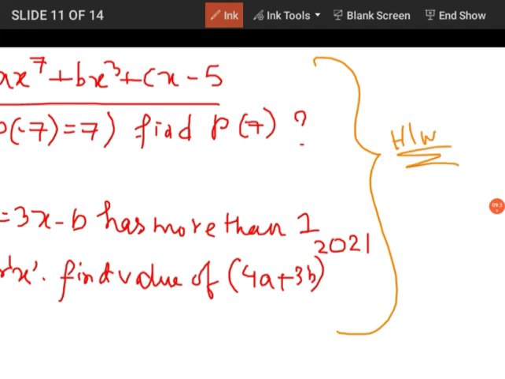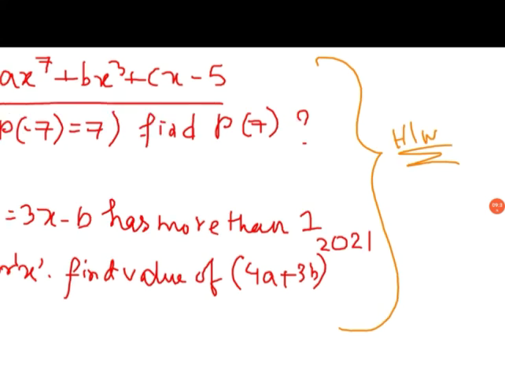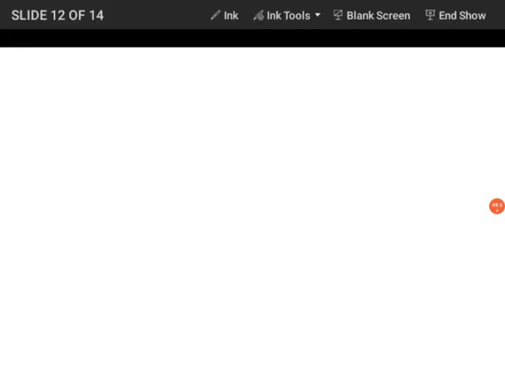Okay, now one last thing that I want to discuss, very shortly, that is the transformation of roots. We will discuss this briefly in another lecture, I suppose. So transformation of roots.